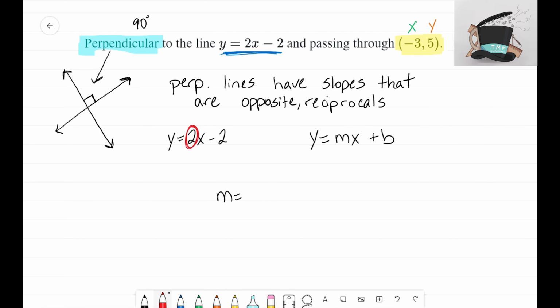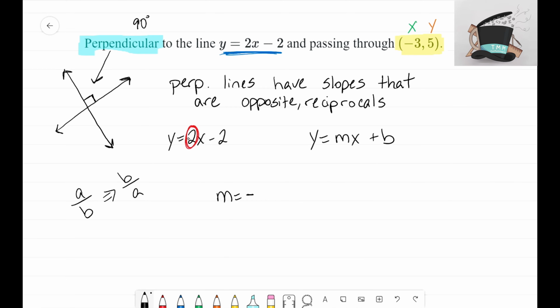For it to be opposite, the sign changes: if it was positive, it becomes negative, and if it was negative, it becomes positive. Since my original line had a positive slope, my new slope is going to be negative. To get the reciprocal, if I have a fraction a over b, the reciprocal is b over a: the numerator and denominator switch places.